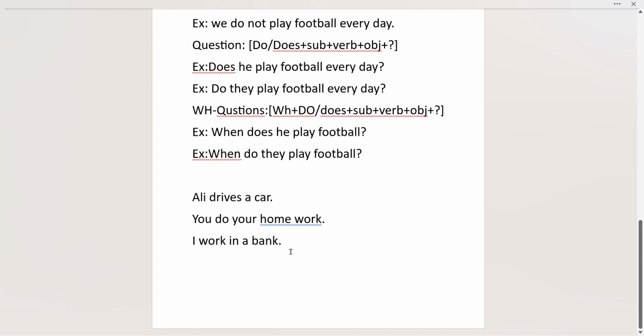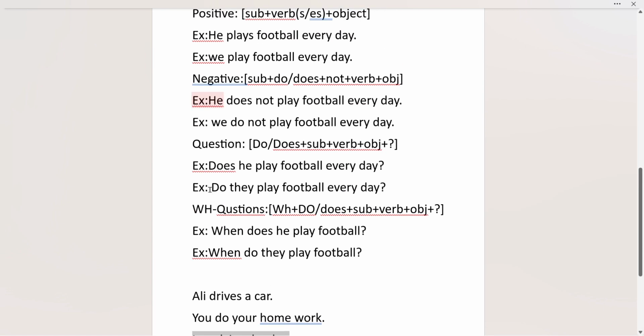For example, I do not work in a bank. When we change it into a question, we bring do in front of I, and then the subject, then the verb, so we can say: Do I work in a bank? So it is a question. That was our today's lesson.